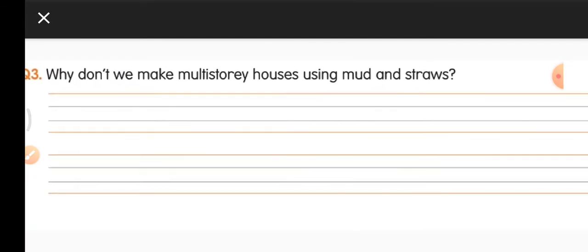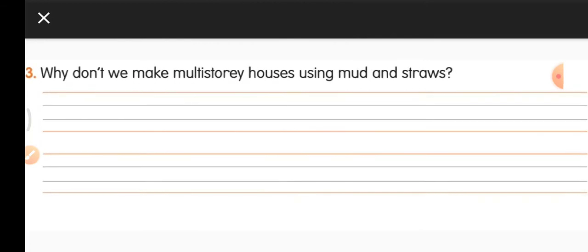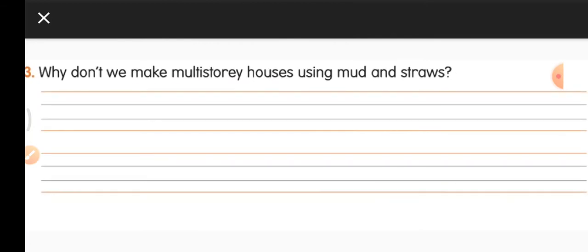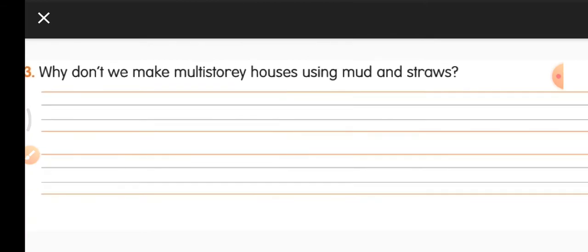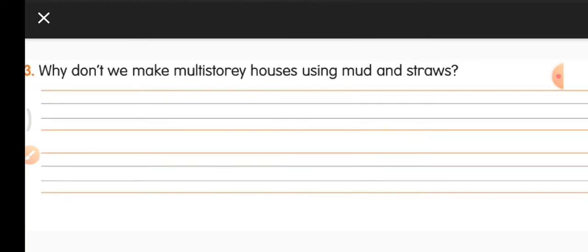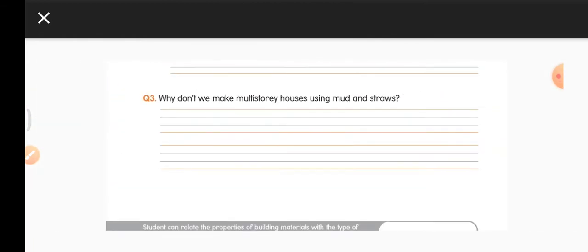So it needs to be very, very strong. So bricks, cement, steel rods, sand are used to build it. If it is made with mud and straw, whenever there is strong wind or heavy rain, it will collapse, right?